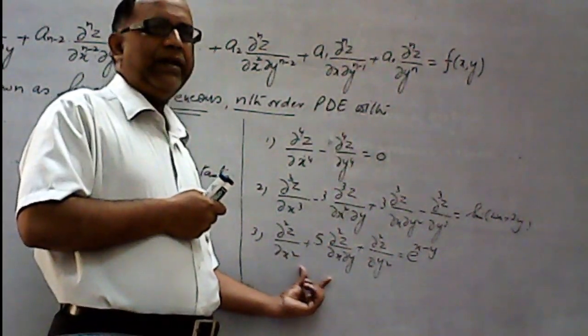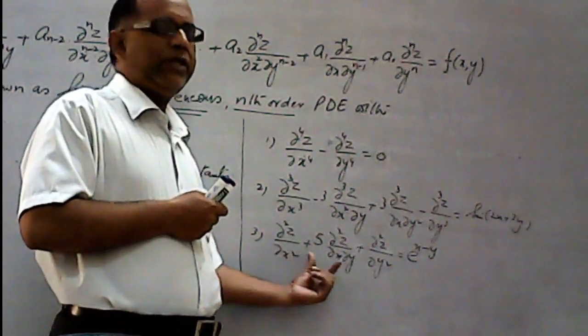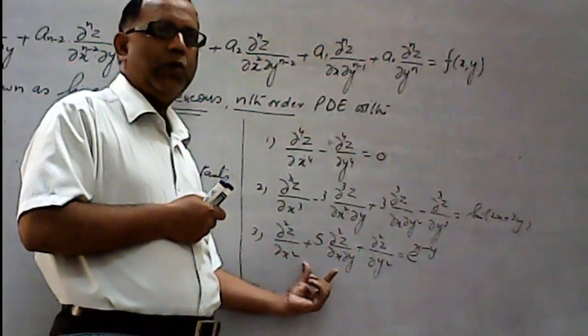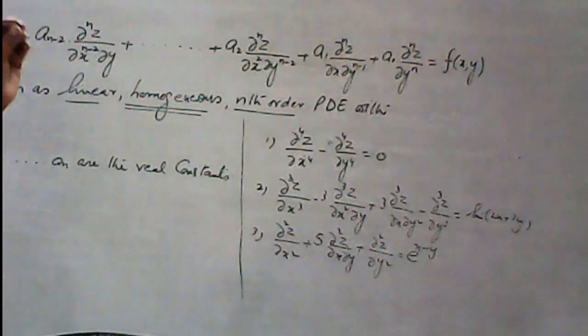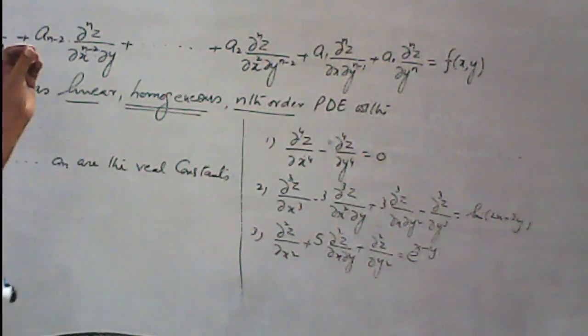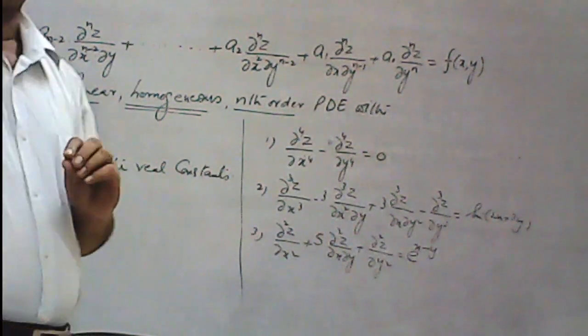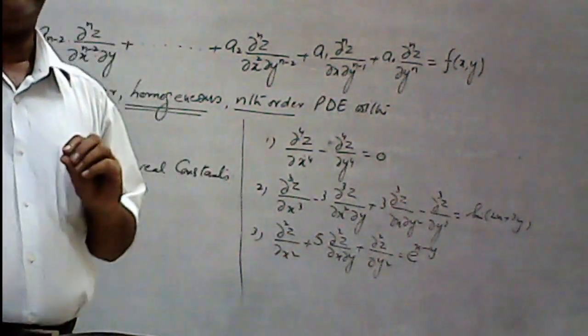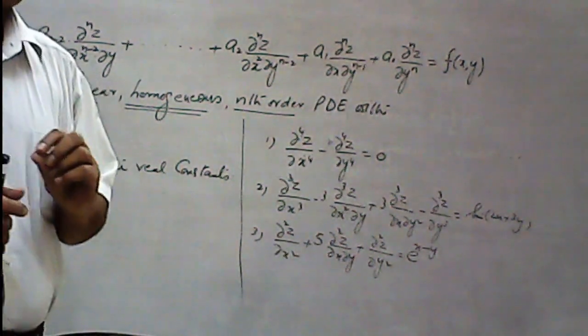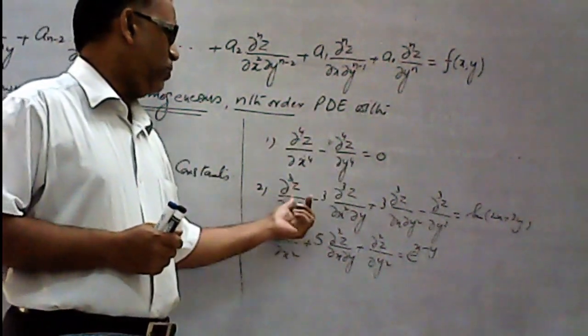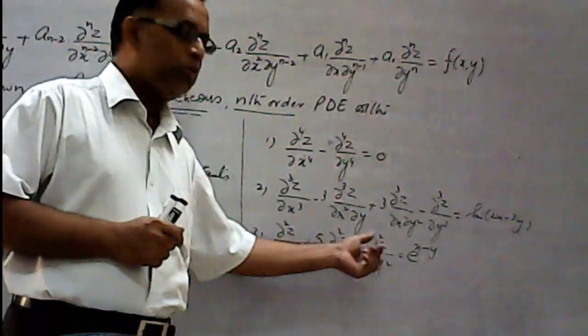Here there are 3 derivative terms and each has order 2. So homogeneous means on the left hand side, whatever number of terms there are, it doesn't matter. The important thing is that all derivative terms must have the same order of derivative, like 4 and 4, 3, 3, 3, 3, 2, 2, 2.